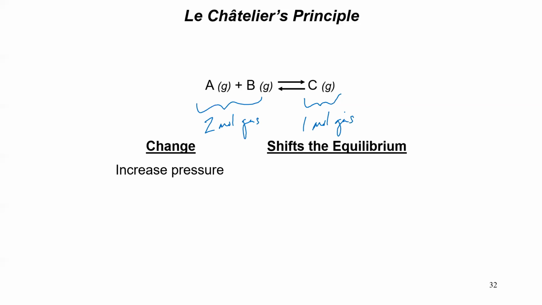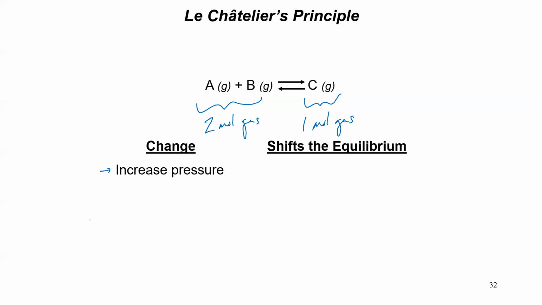Left. Go ahead. I just said left. So if we increase the pressure, the reaction is going to try to decrease the pressure to make up for it. In order to decrease the pressure, we need less gas around. We need to get rid of some gas.